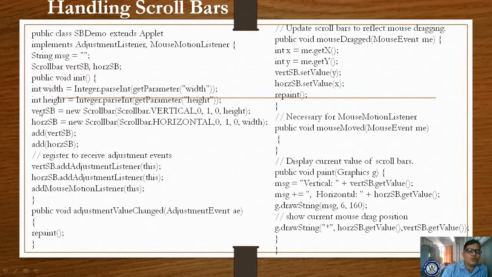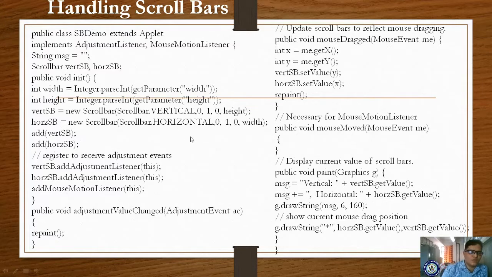Now you are creating the vertical scroll bar. How are you doing that? Here we are seeing new Scrollbar, right? So vertSB is equal to new Scrollbar. You are creating this scroll bar with Scrollbar.VERTICAL. Vertical means a column scroll bar will appear. Okay, and its initial value is 0, minimum value is 0, maximum value is 0, and height is whatever height we specified.